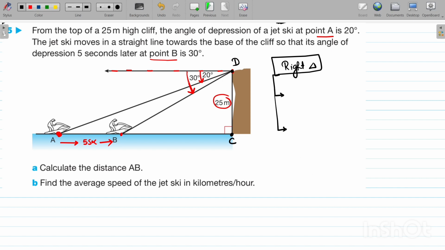Anyone? Yes, Princess, you tell me the first one. Any right triangle? DBC. Correct. The triangle DBC. Yes, Abdullah. The next one, the next right triangle, which is possible in this diagram.